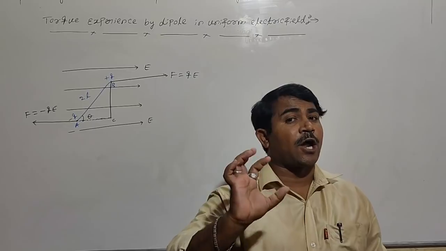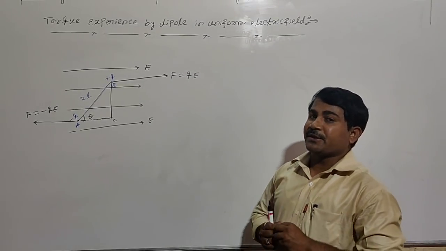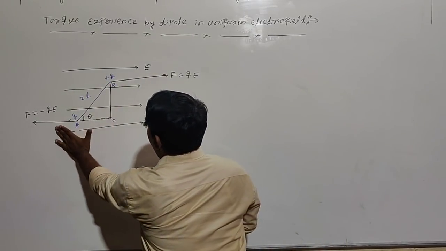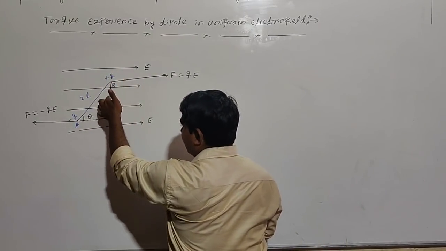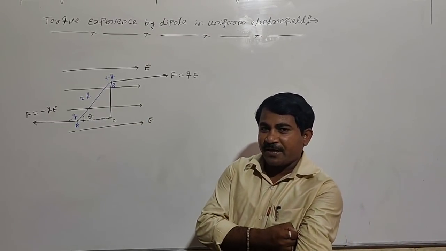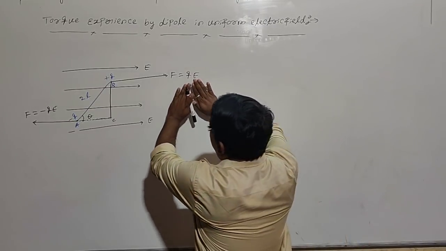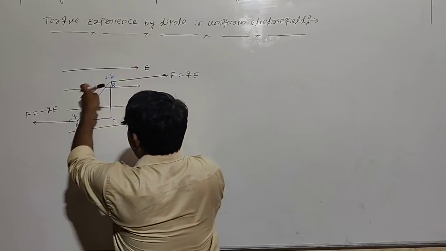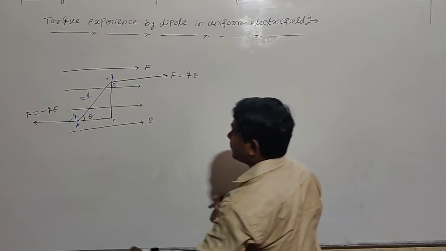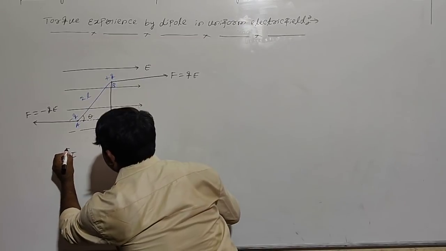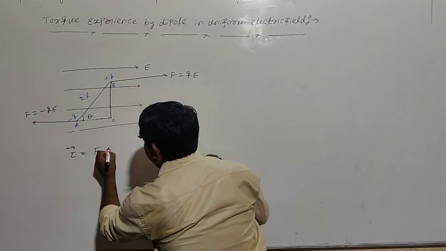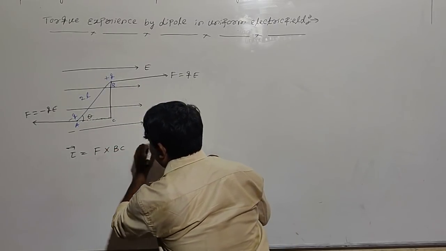Here equal and opposite forces are acting, so you can define the torque. Torque can be defined as the product of the magnitude of either force and the perpendicular distance between the two forces.